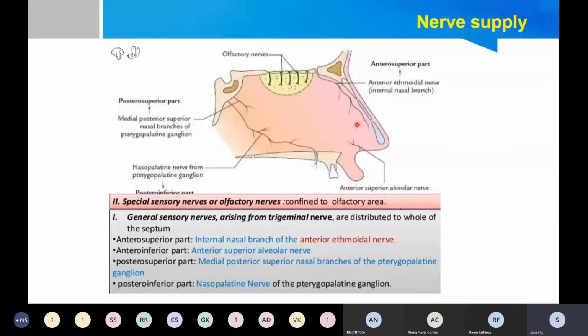Remember four nerves here: anterior ethmoidal, anterior superior alveolar, posterior superior nasal branch, and the nasopalatine nerve. These are the four nerves which mainly carry the general sensations from the septum, that is the medial wall of the nose, and special sensations are by the olfactory nerves.